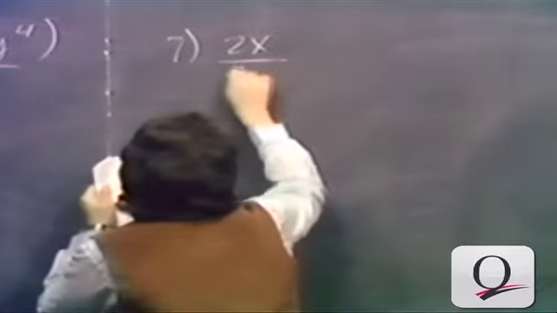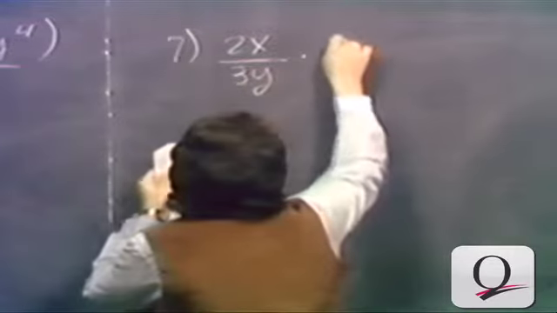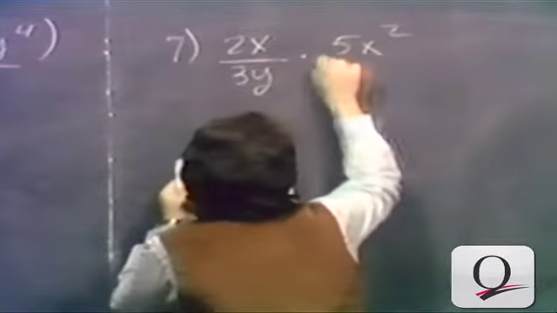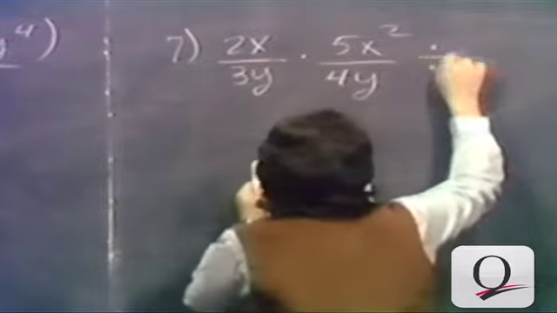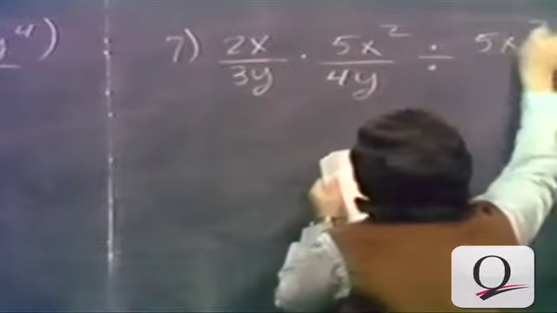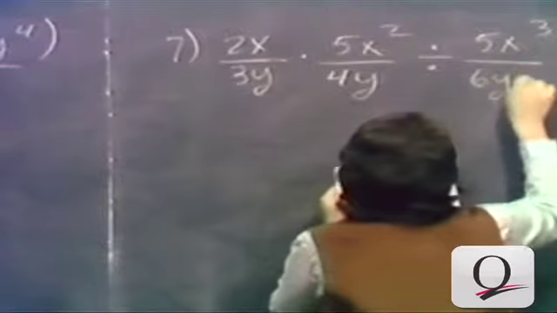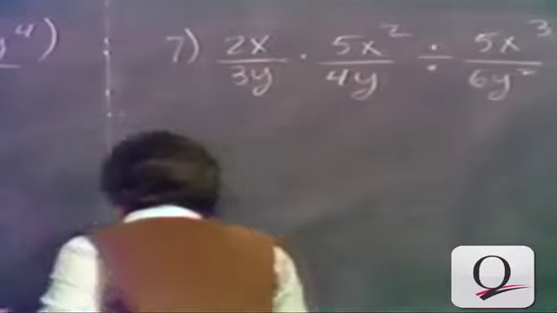In our next problem, problem 7, we have 2x over 3y times 5x squared over 4y divided by 5x cubed over 6y squared.